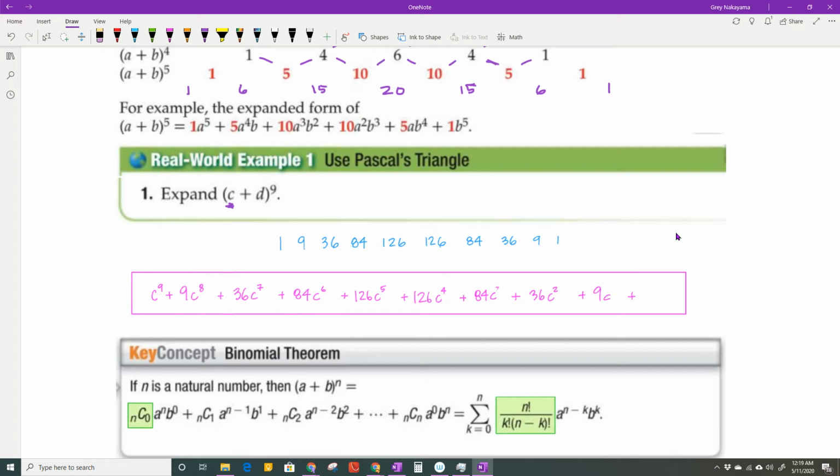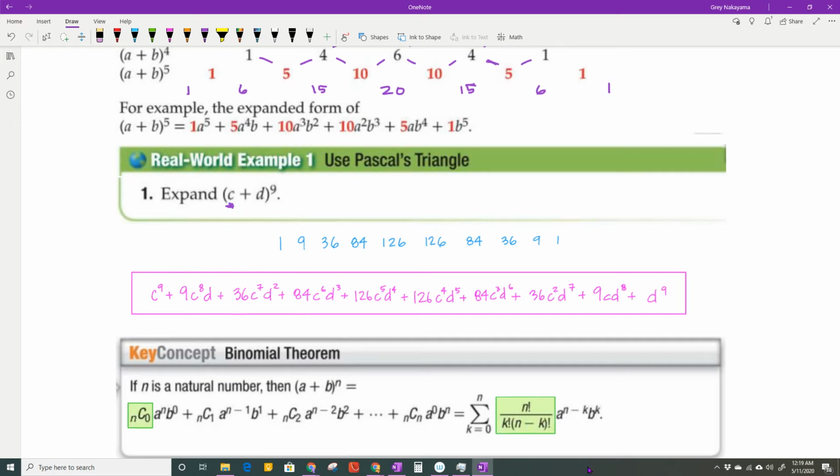And then d to the 0 is the first one. So the next term is d to the 1st, d to the 2nd, d to the 3rd, d to the 4th, d to the 5th, d to the 6th, d to the 7th, d to the 8th, and d to the 9th.